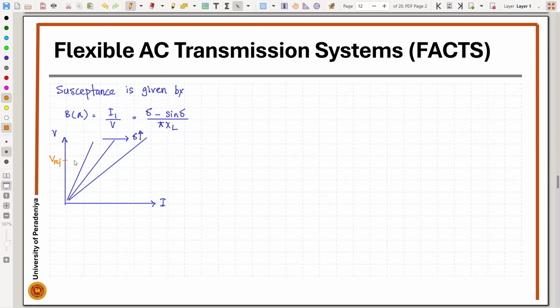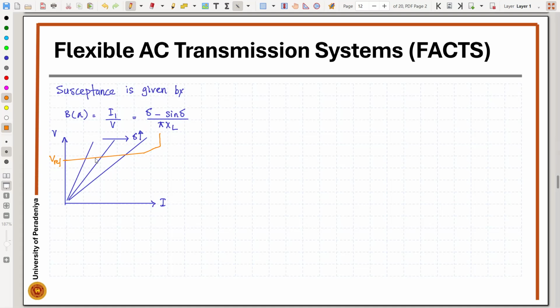So what we are going to see is that with the voltage, we are going to see this kind of a curve. When we have the network voltage, the operating voltage around a certain voltage, then for different sigma values, the operating point will be on this kind of a curve.